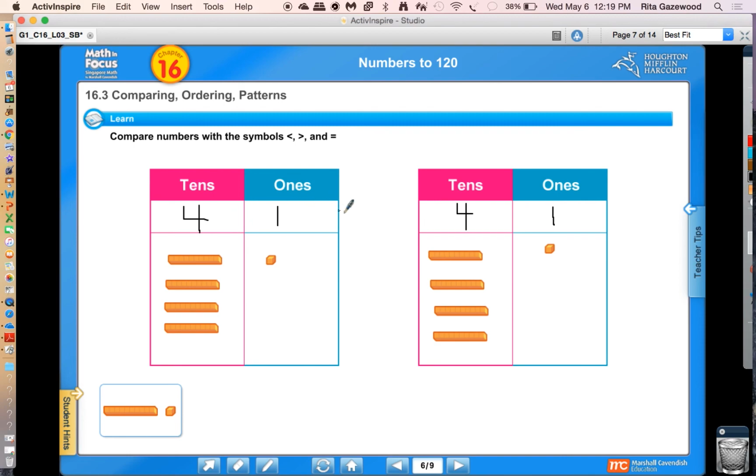So 41 is 41. Is that less than, greater than, or equal to? 41 is equal to 41. Did you get that one correct? Good for you. Okay, let's try some other numbers.